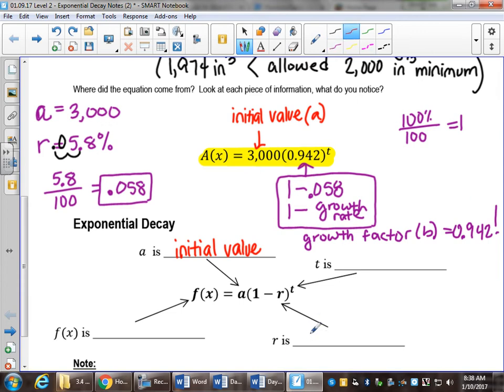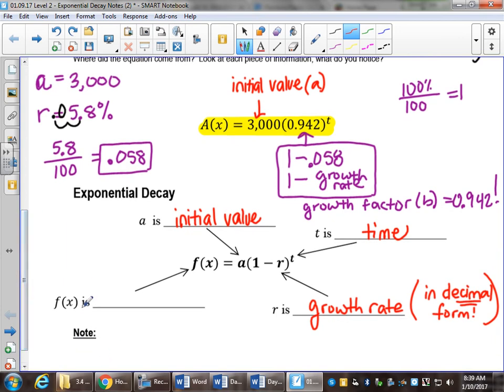So R is my growth rate. And I want you to specify in decimal form. It has to be as a decimal. You cannot just use the percent. With decay, it's now 1 minus R, as opposed to growth that was 1 plus. T is still time.